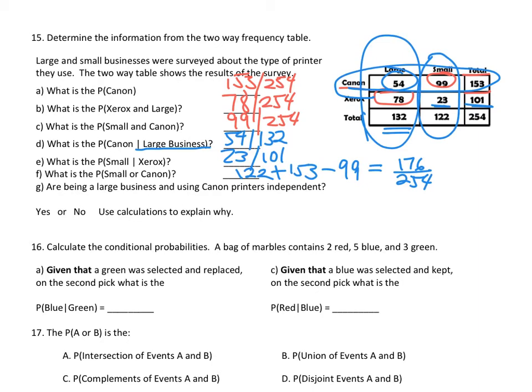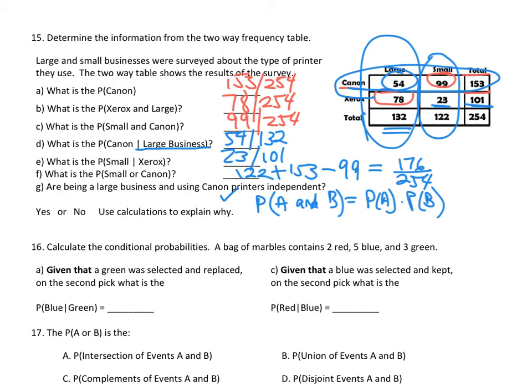The next question says, are being a large business and using a Canon printer independent? Yes or no? Okay, so what I want to see is the probability of A and B equal to the probability of A times B. If this is true, then it is in fact an independent situation.